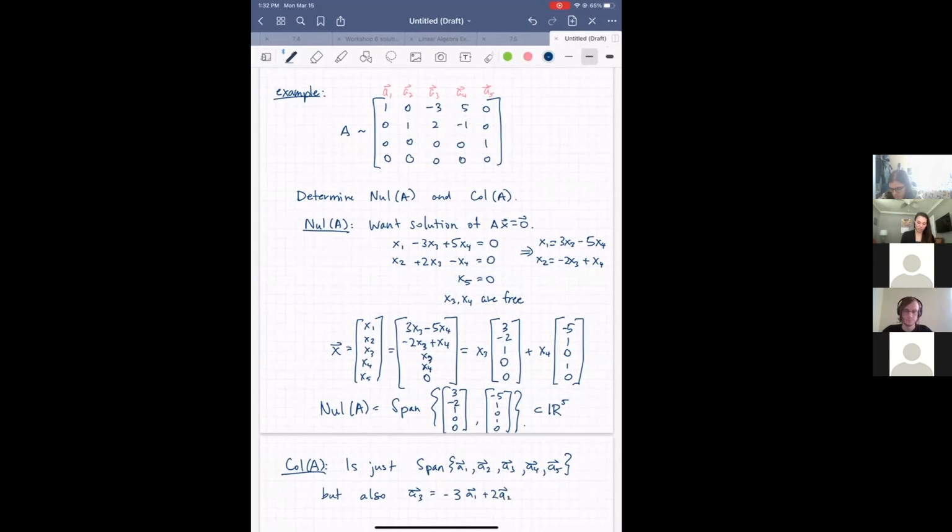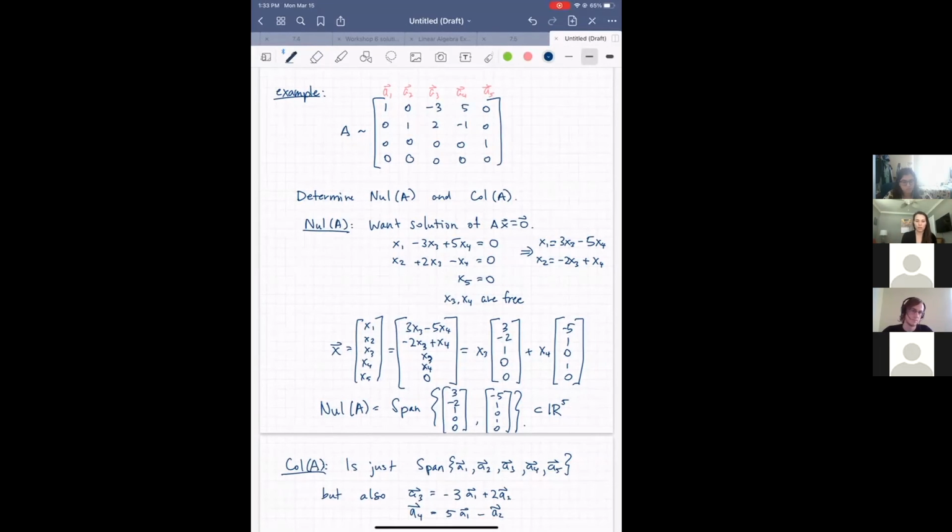And then the same for A4, we can write it as a linear combination. It'll just be 5 times A1 minus A2. Okay. So that means they're unnecessary.